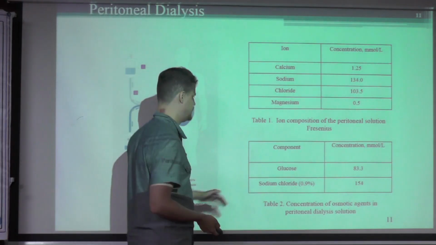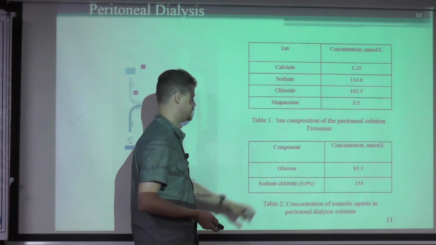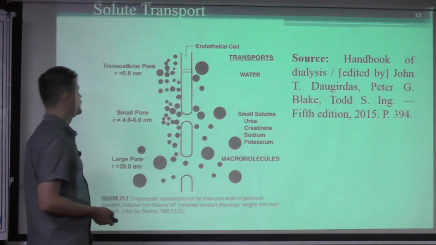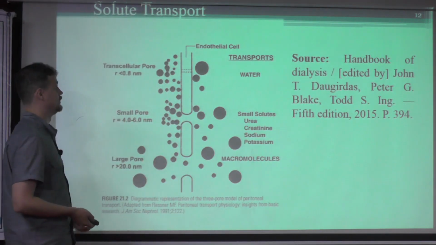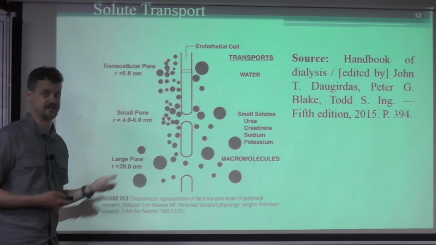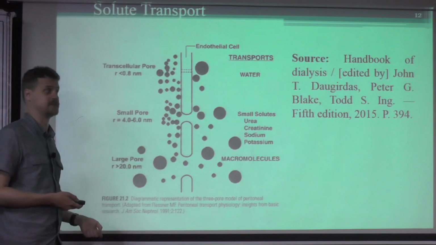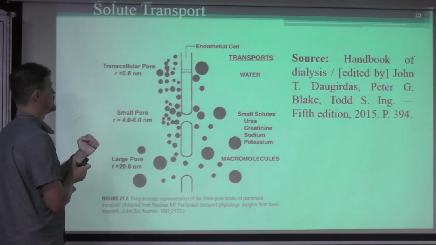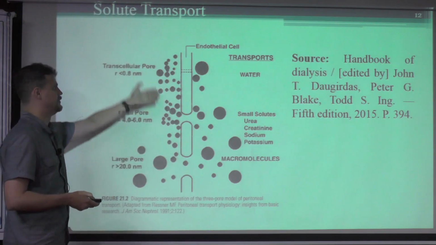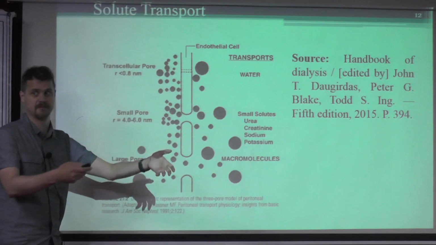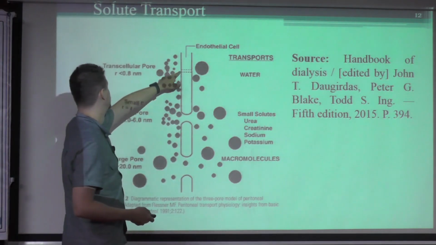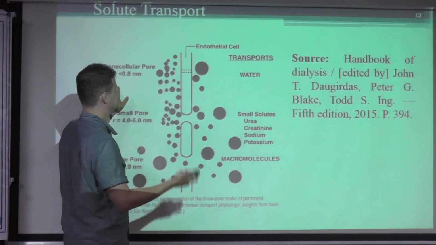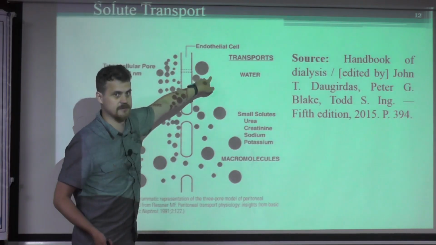And of course, one of the main components of this dialysis solution is the osmotic agent. Usually it's glucose. Here's a small breakdown of the three-pore model that describes transport in peritoneal dialysis. So basically we can consider the semipermeable membrane as a heteroporous membrane that consists of very small transcellular pores that provide only the transport of water molecules.